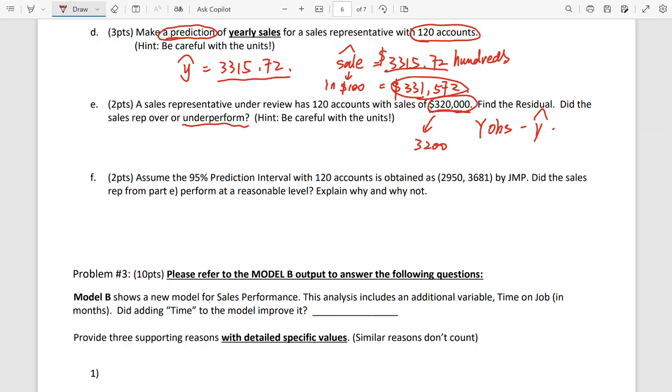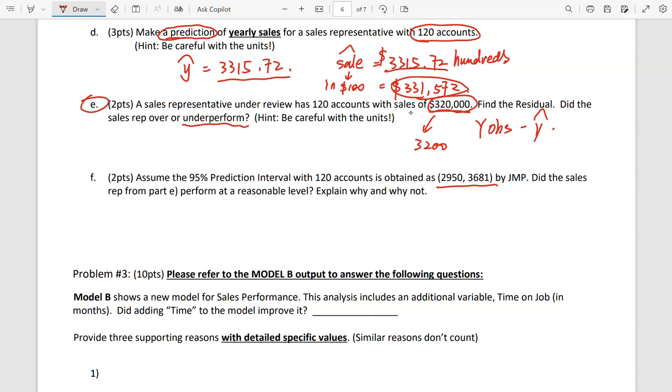Okay, so then next question. Assume the 95% prediction interval with 120 accounts is this much. Did the sales representative from part E perform at a reasonable level, and explain why or why not?